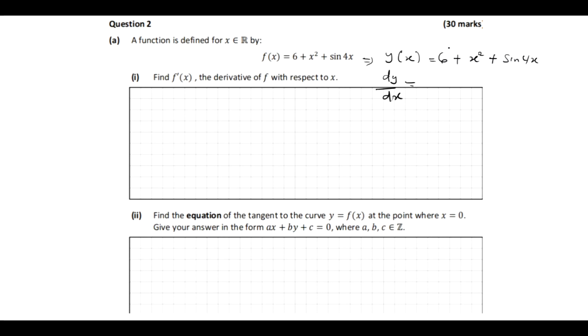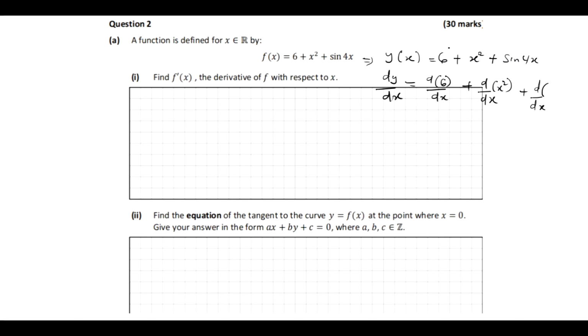So this is going to be the differential of 6 with respect to x, plus the differential of the power function x squared with respect to x, plus the differential of this, which is actually two functions together.